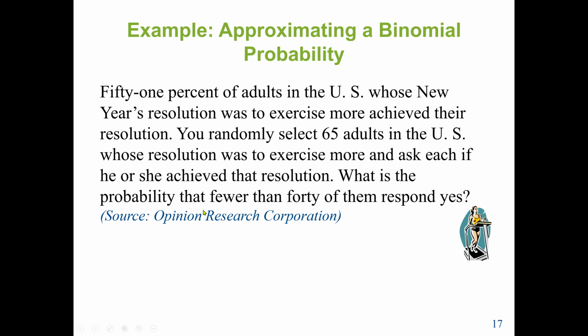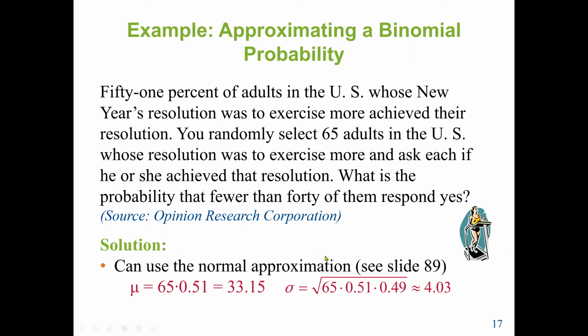What is the probability that fewer than 40 of them respond yes? So you can see this question is about probability. First, the outcome is what? Yes or no. Second, the random variable X is what? Discrete, counting how many adults. So this is a binomial question, but we can approximate it and use normal probability steps to solve it.